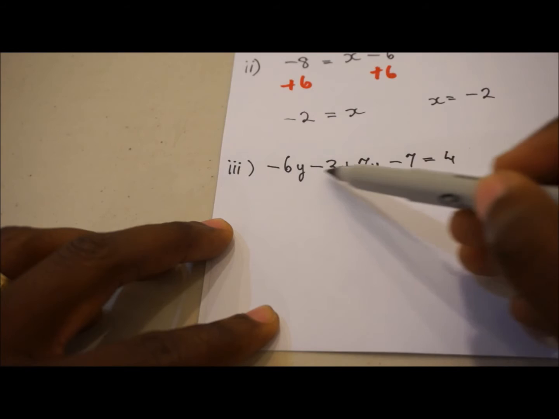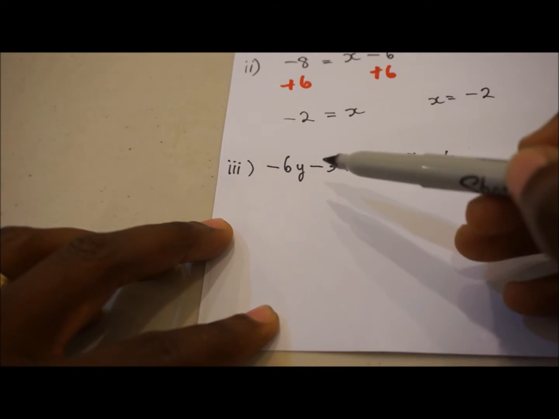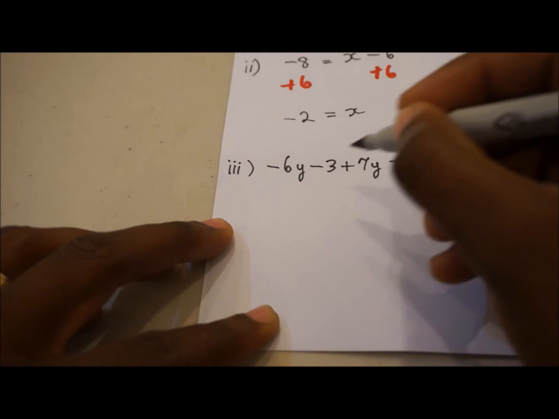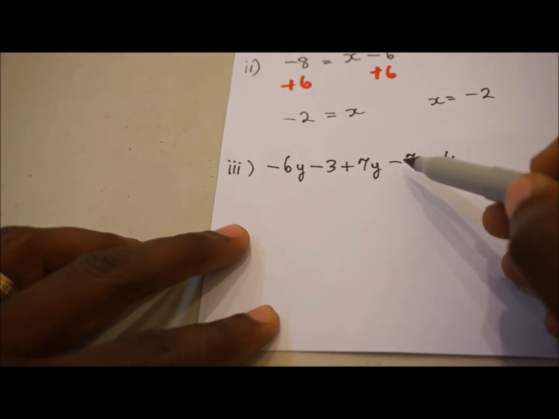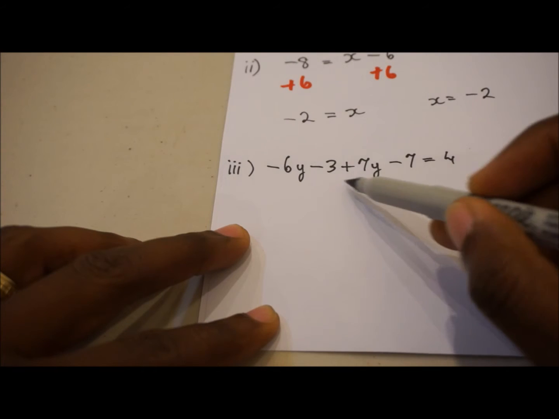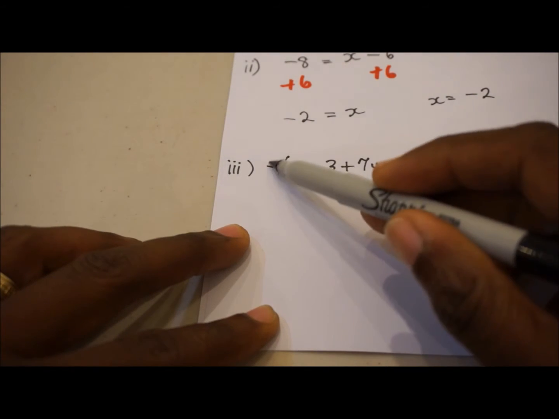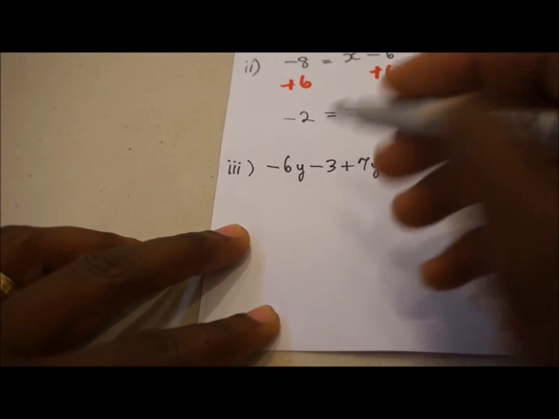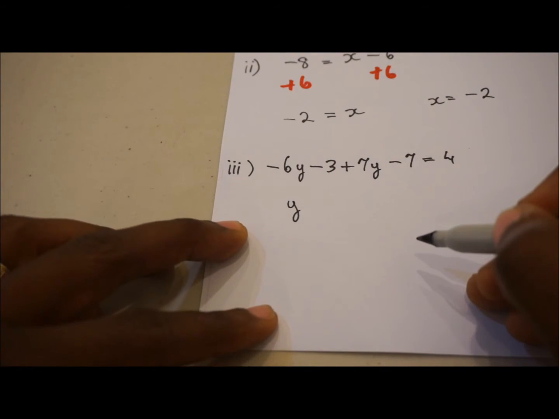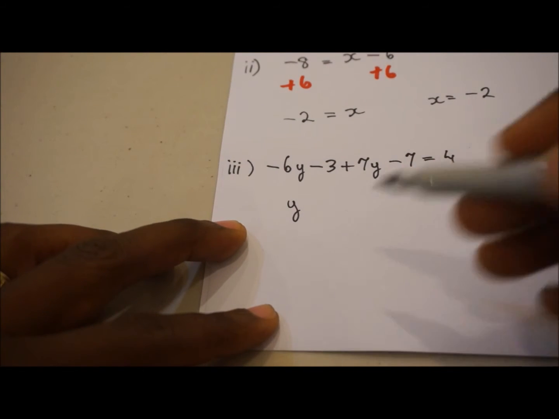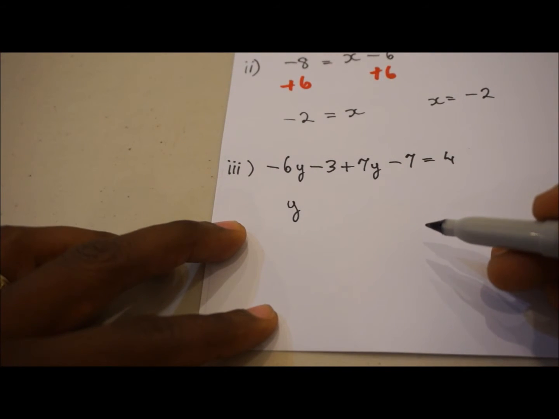So if I'm working on this side and trying to simplify my problem, negative 6y has to get combined with the positive 7y. So negative 6y plus 7y simply becomes y. Because negative 6 plus 7 is 1, there's no need to write the 1, since the y already signifies that we have 1y.